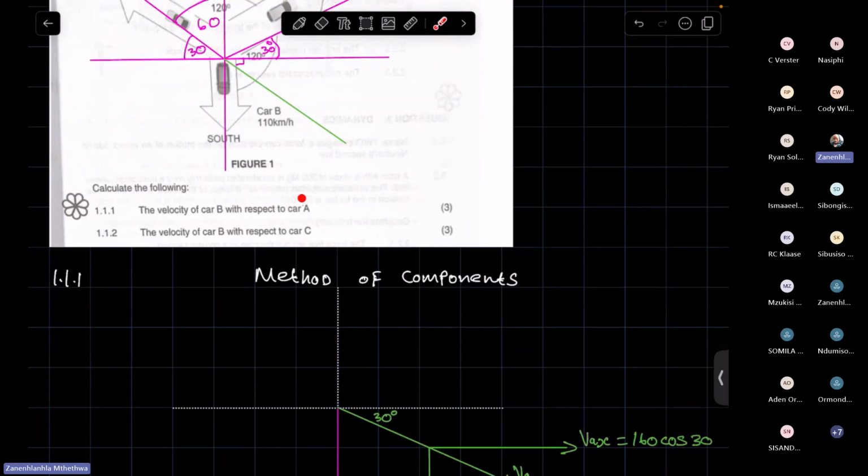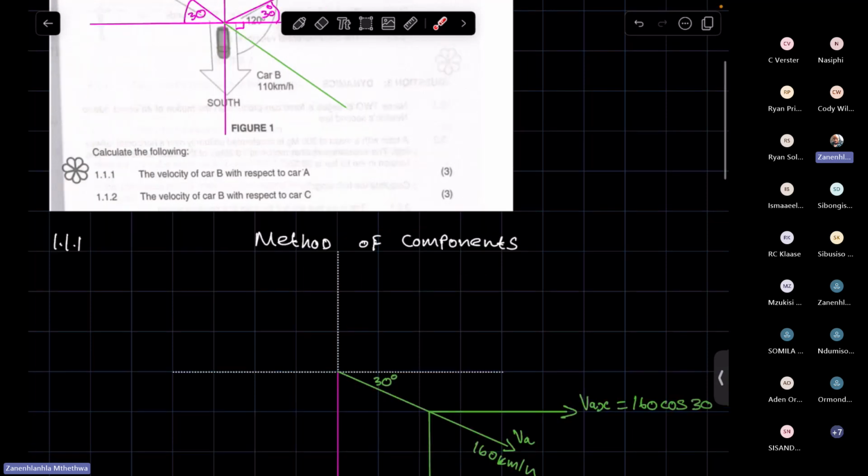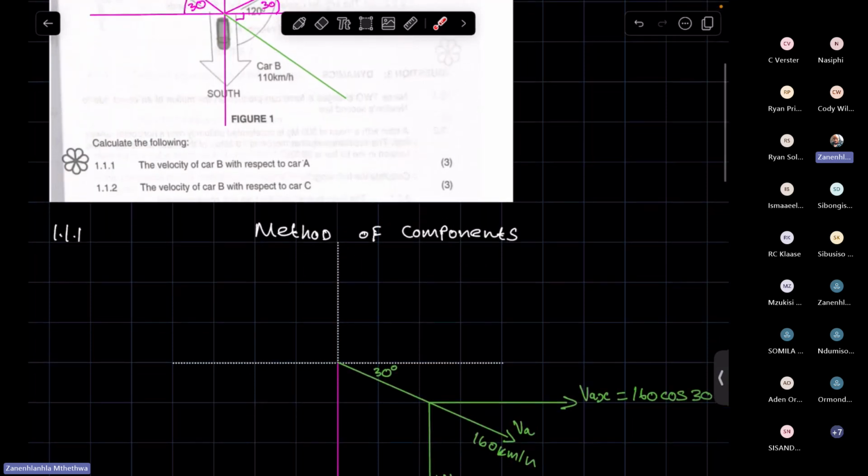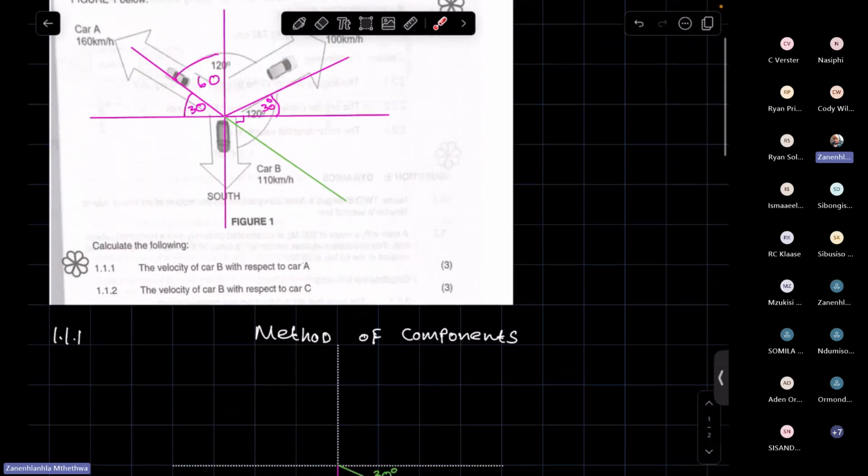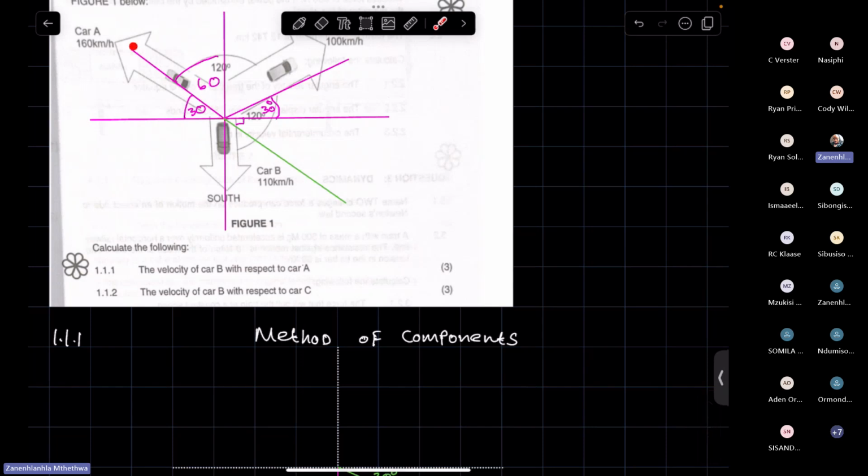And for this problem, our frame of reference is A. The way we represent the frame of reference on the Cartesian plane is by drawing it in a direction that is opposite the one you've been given. The one we've been given is going in that direction.